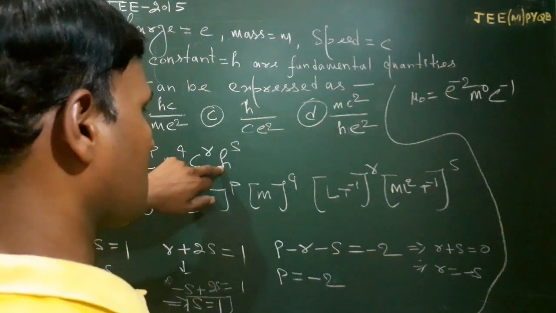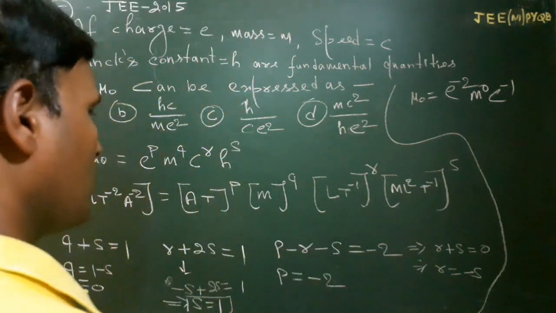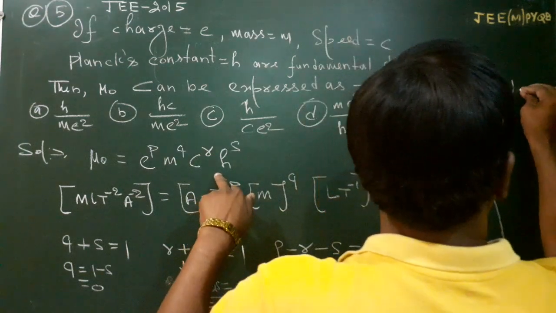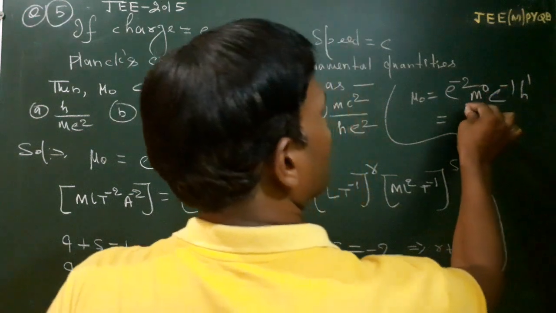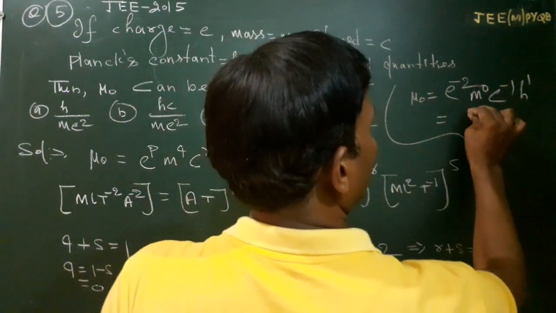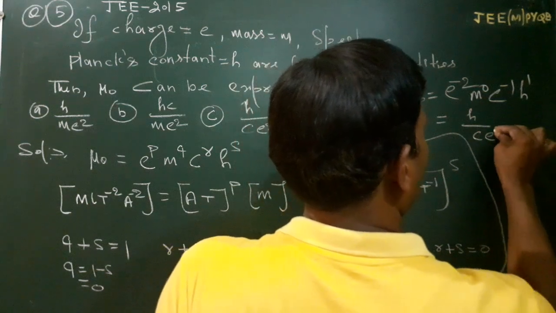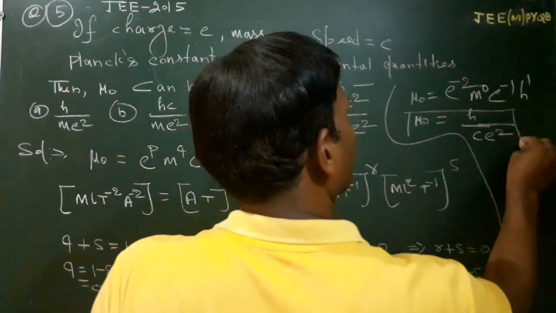And H to the power S, and S we already know is 1, so H to the 1. We can simplify, so mu naught can be written like this.